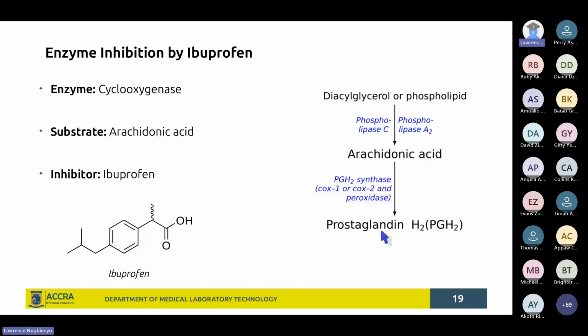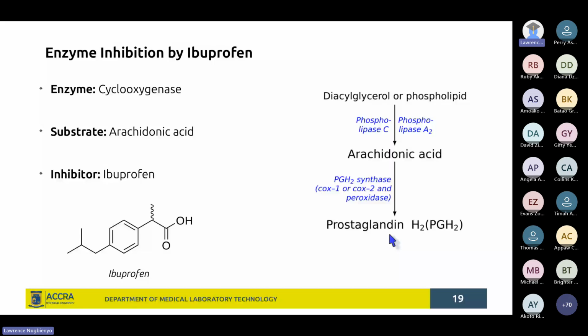You have brufen coming in as an inhibitor to those cyclooxygenases, which is to prevent the formation of these prostaglandins. And once this prostaglandin formation is inhibited, then of course the pain recognition will be reduced. So in effect, you have a relief from the feeling of pain.